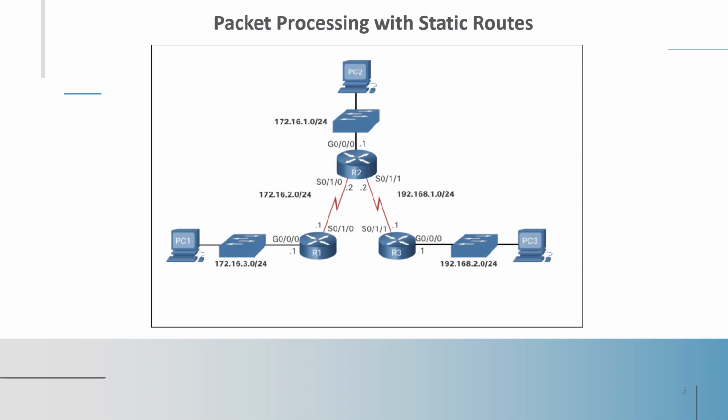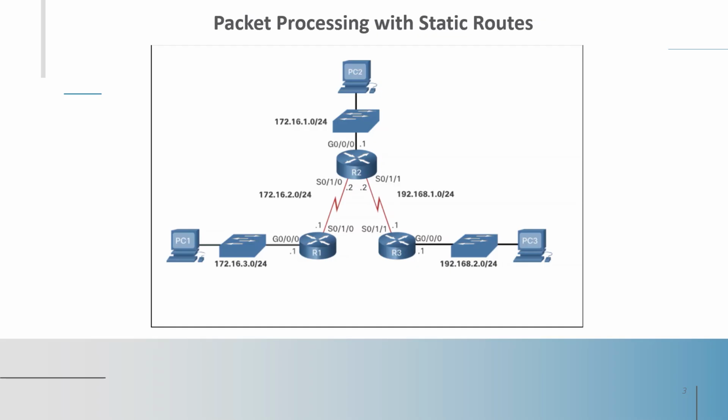So router 2 will now encapsulate the packets in a new frame, and because the link to router 3 is a point-to-point link, it also will add an all-ones address to the layer 2 destination address. The frame is now forwarded out of the Serial 0/1/1 interface.